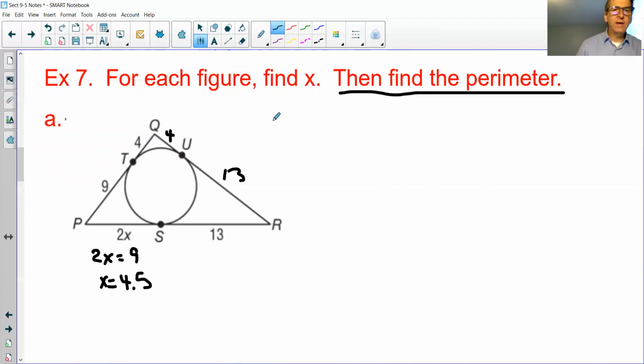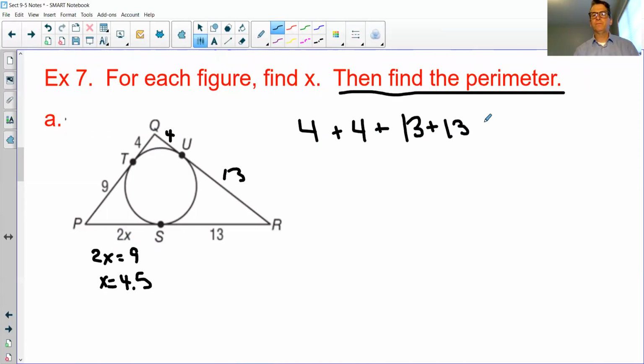You've got 4 twice. 4 plus 4. Then you're going to add your 13s. Okay, so you're going around the horn here. 13, and then add your 13 again. And then you're going to add your 4.5, or actually 9.